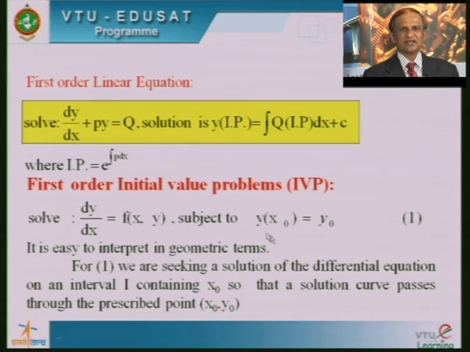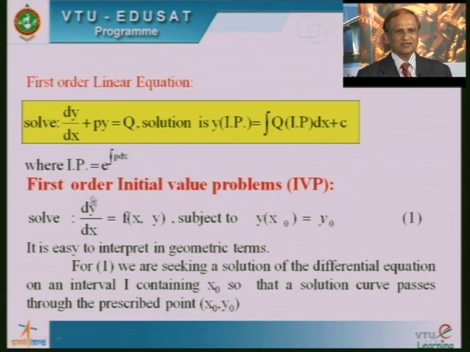So, here they have given one condition. It is easy to interpret in geometric terms. What is the meaning of this equation? We are seeking a solution of the differential equation on an interval I containing x naught, so that the solution curve passes through the prescribed point x naught and y naught.